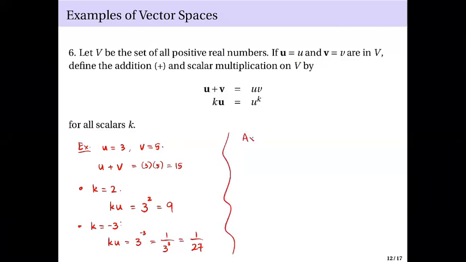Let's verify axioms 1 and 6. If U and V are positive real numbers, then their product will also be positive. Then UV is also positive.